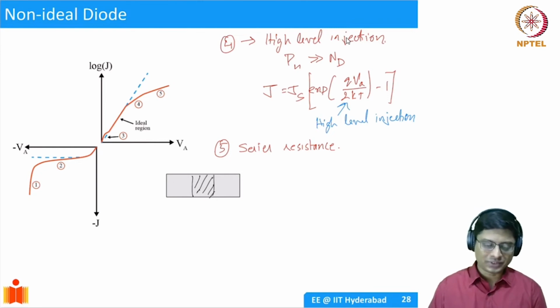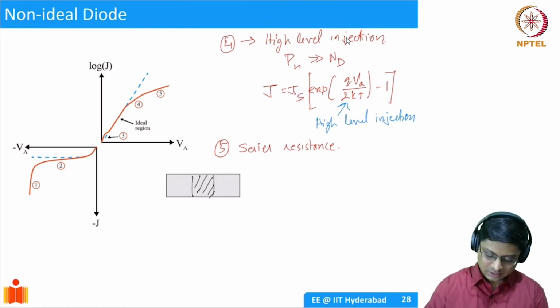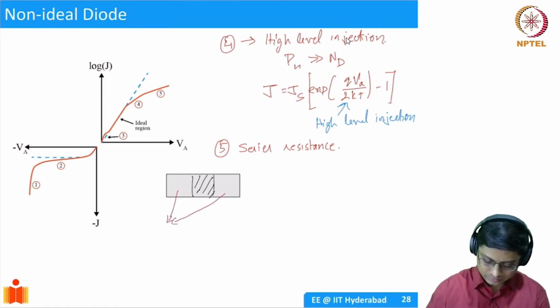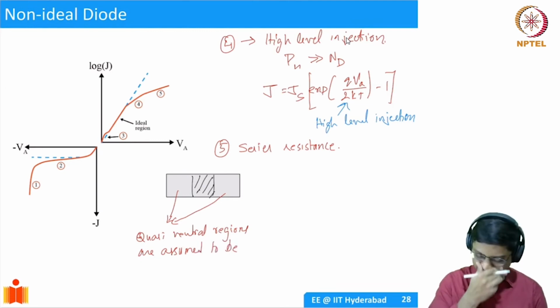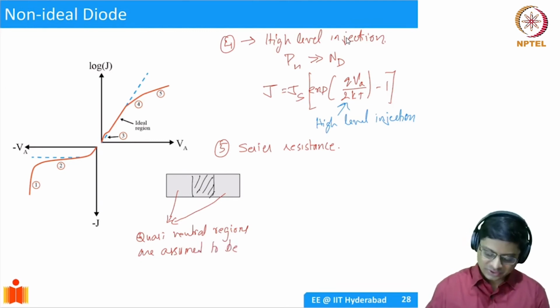We never considered what happens in the quasi-neutral regions. So far, the quasi-neutral regions are assumed to have low resistivity.